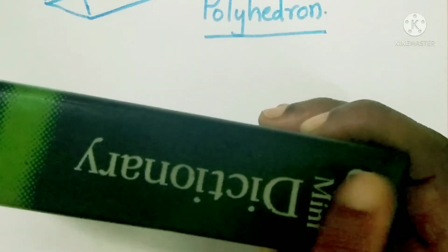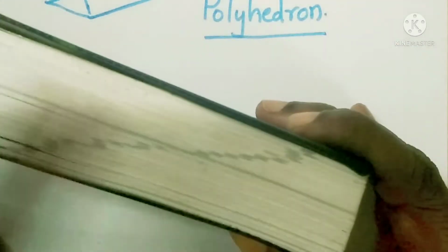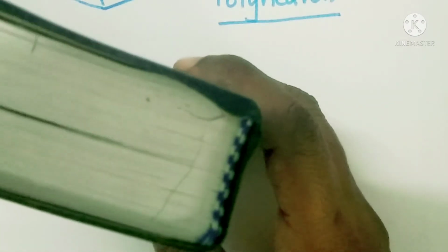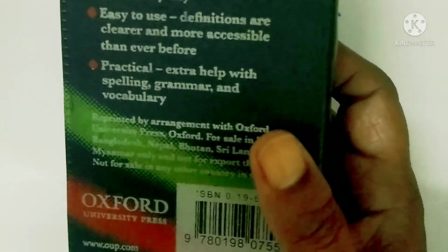Now, this is another rectangle. So, this is another face. This is the third face. This is the fourth face. And if you see here also, you can see a rectangle. Here you have another rectangle. So, all these polygons forming a polyhedron are called the faces of the polyhedron.